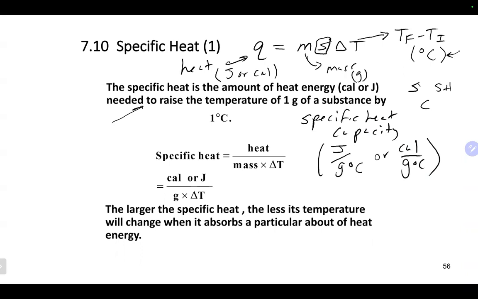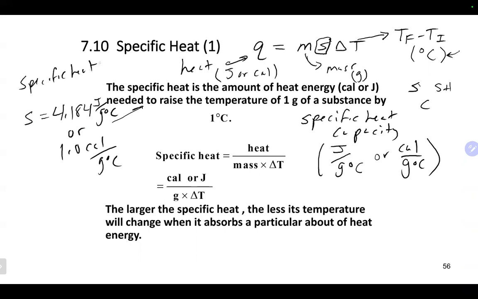The specific heat capacity of liquid water, for example, is 4.184 joules per gram per degree Celsius, or 1 calorie per gram per degree Celsius.